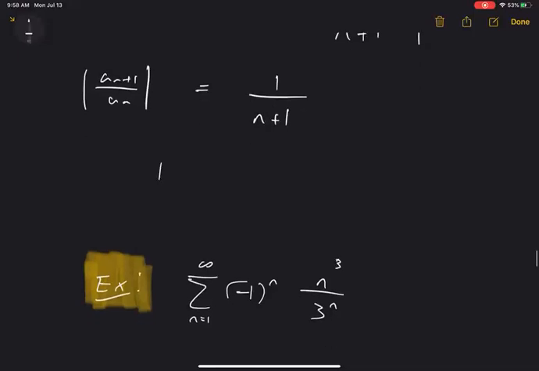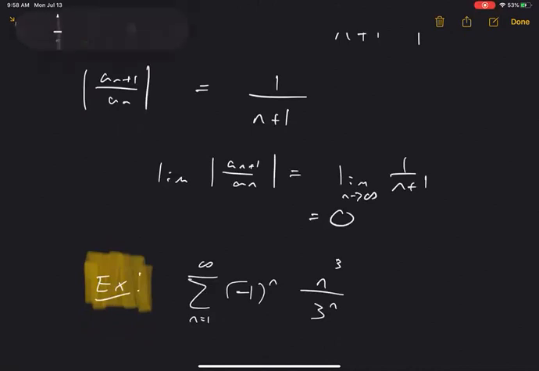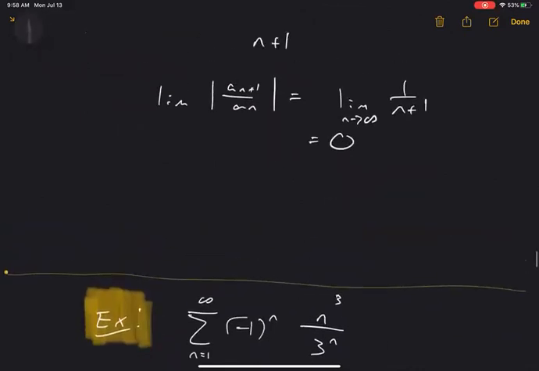What's the limit of that? Well, it's the limit of 1 over n plus 1 as n goes to infinity. So that limit's equal to 0. So what does our ratio test tell us?